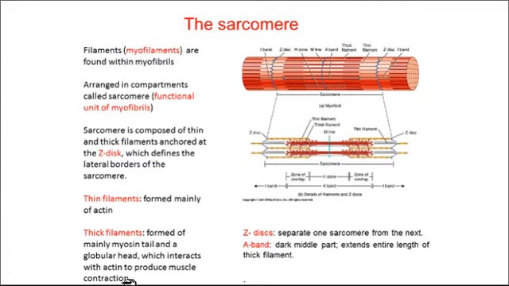The thick filament contains mainly myosin, and the head comes out to interact with actin during muscle contraction. The Z disc separates one sarcomere from the next. The A band is the dark part, containing thick filaments overlapping the thin filaments.